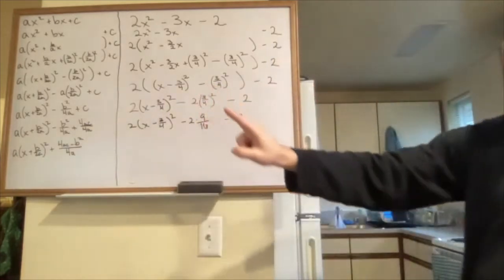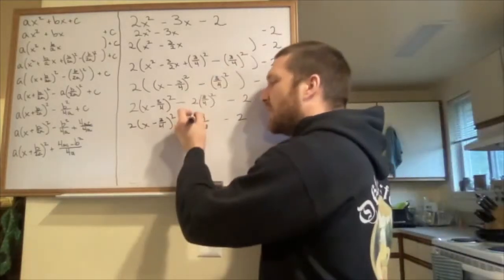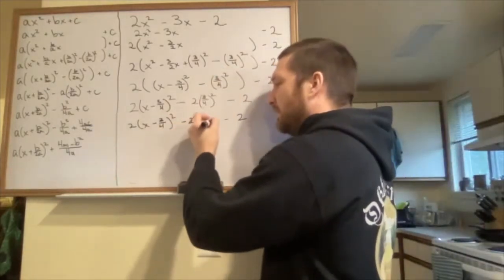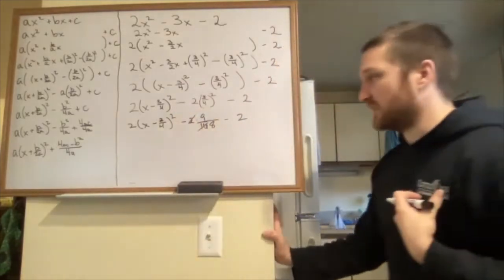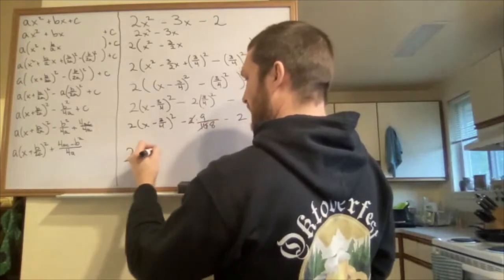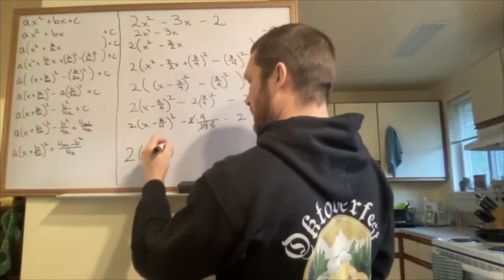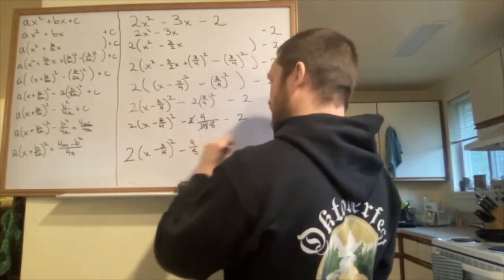But the 2 in the numerator and the 16 in the denominator cancel out. And so I get a 2 here, and 8 is left over in the denominator. And so I have 2x minus 3/4 quantity squared minus 9/8 minus 2.